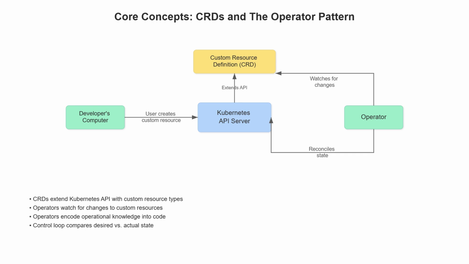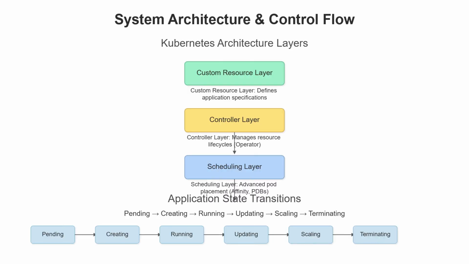Now, let's zoom out and look at the typical system architecture and control flow when using advanced Kubernetes patterns. Our advanced system usually comprises three main layers. First, the custom resource layer, which is where you define your application specifications using CRDs, essentially telling Kubernetes what you want.